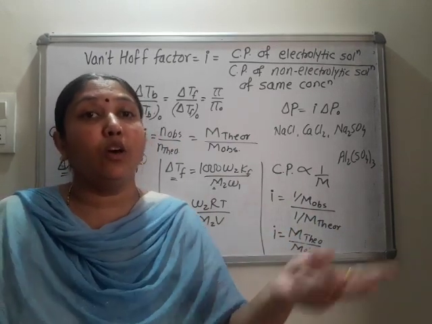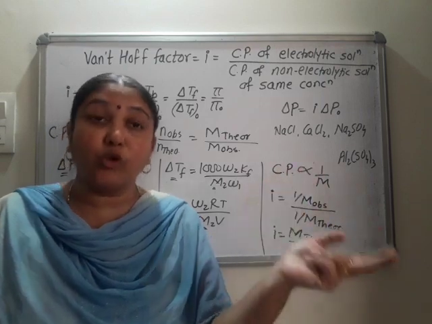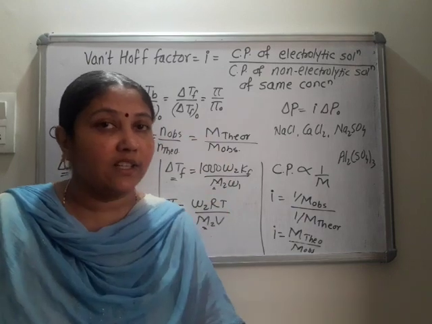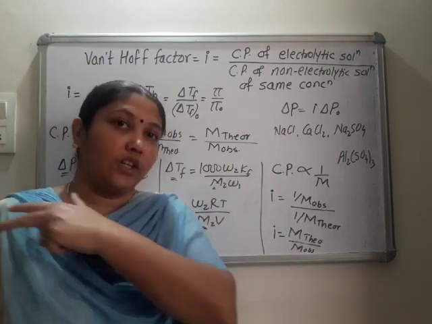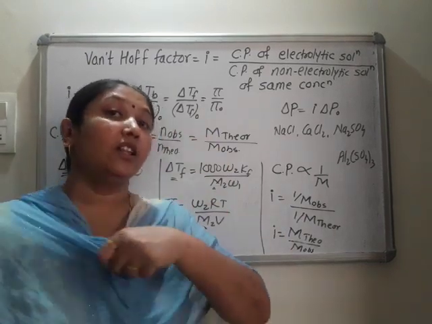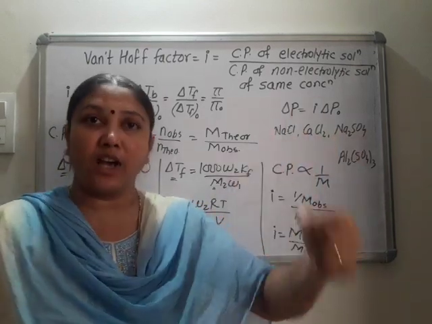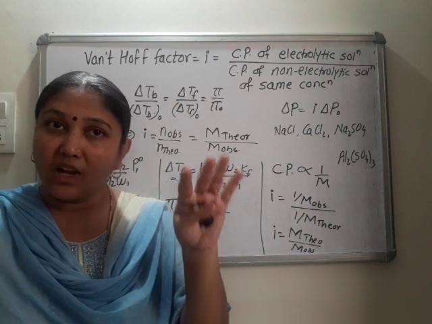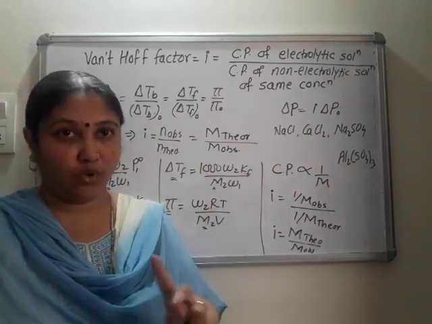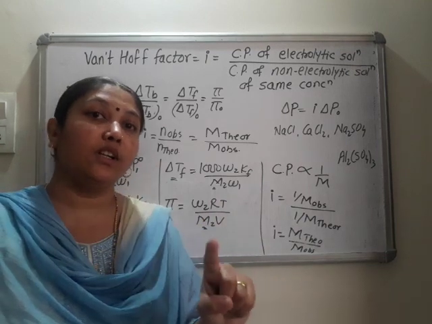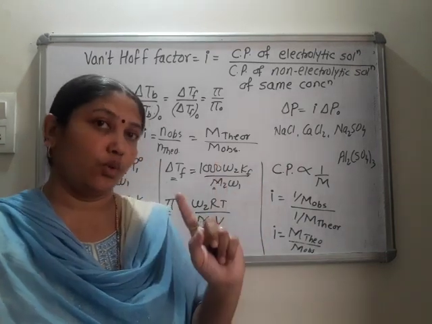Water doesn't allow oppositely charged ions to come close to each other. But if water content is less and ionic concentration is greater, then there is electrostatic force of attraction between oppositely charged ions and the number of particles is reduced. So while studying colligative properties, we always consider dilute solutions.